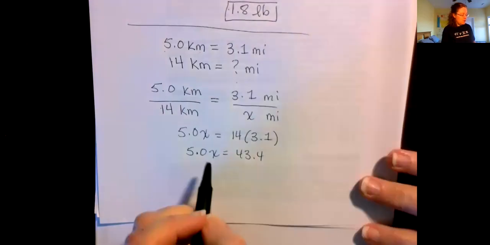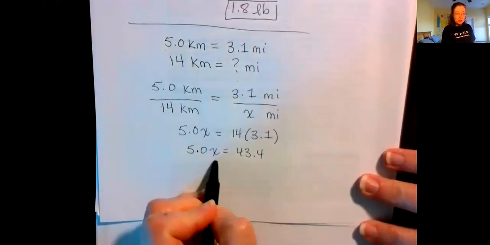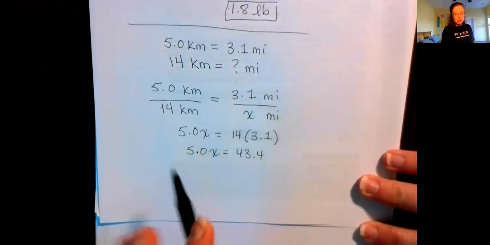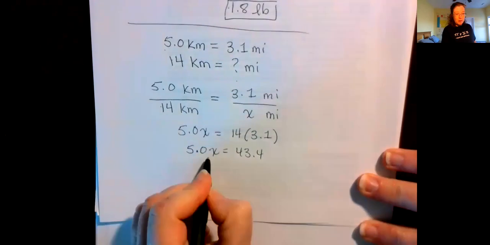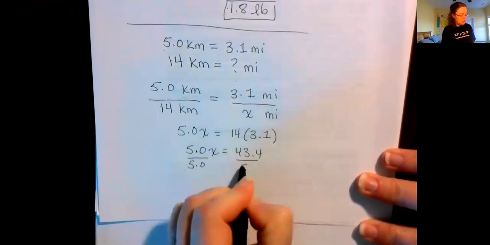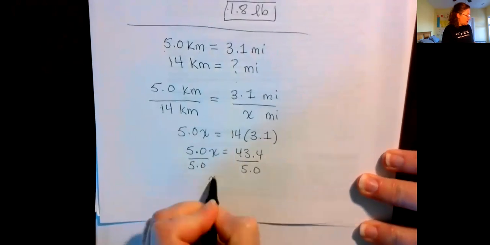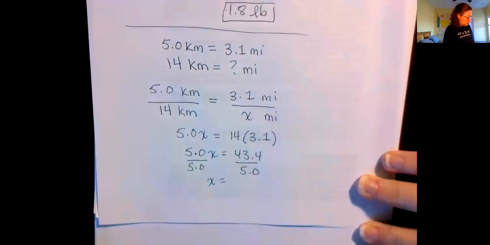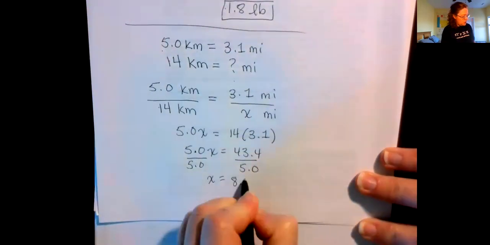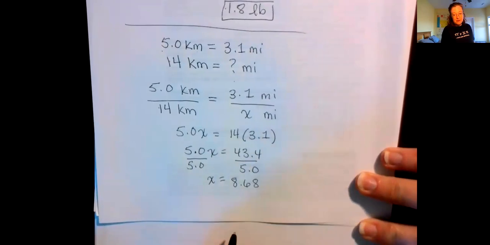Okay, my goal is to have x by himself. Right now, he's being multiplied by 5.0. So I'm going to do the opposite. I'm going to divide both sides by 5.0. I'm left with x equals, I'm just going to hit divided by 5 in my calculator, 8.68.